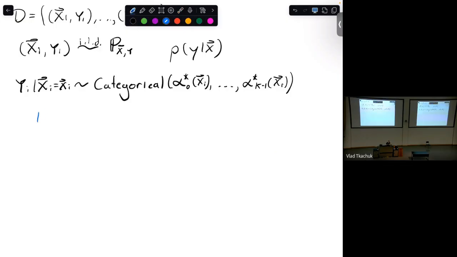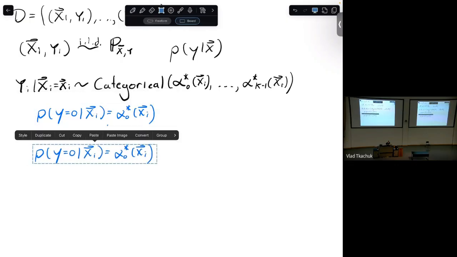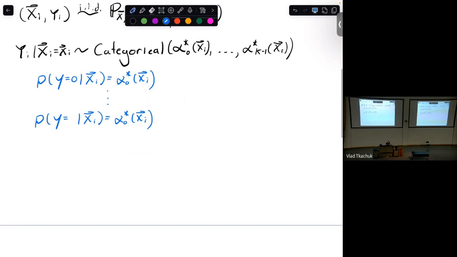Let me formally remind you of how this works. The way this categorical distribution works is the probability that y equals 0 given some xi is equal to alpha star 0 of xi, and so on, up to the probability that y equals class k minus 1 is alpha star k minus 1 of xi. It's literally a table of lookups.